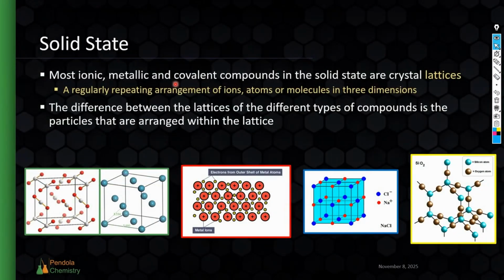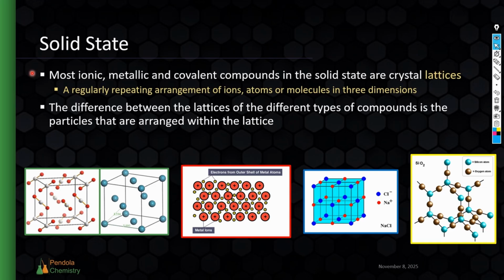Now, for the solid state of matter, you have to realize that most compounds, when they're solid, are going to have some form of lattice. So we're going to be listening to that word a lot. Most ionic, metallic, and covalent compounds, regardless of what type of compound it is, when they're in the solid state, form a crystal lattice.